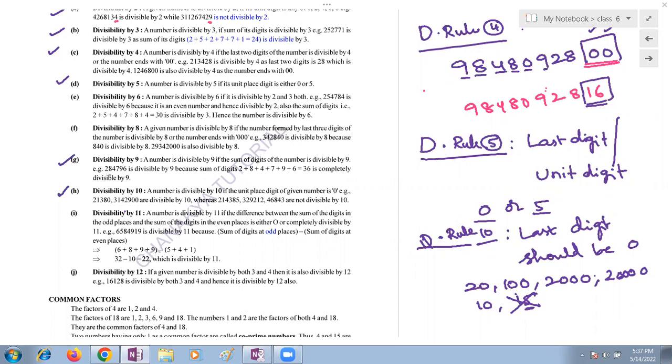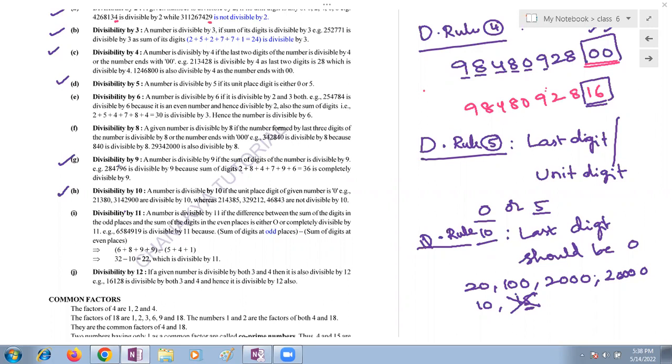You see here, can you read the number, Riyansh? 2,84,796. In this number, can you please add the sum of all the digits? Yes, ma'am. 2 plus 8 is 10, 10 plus 13.